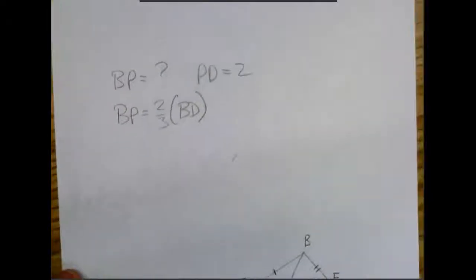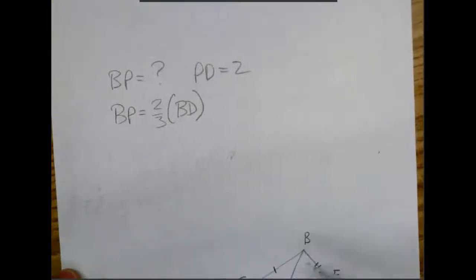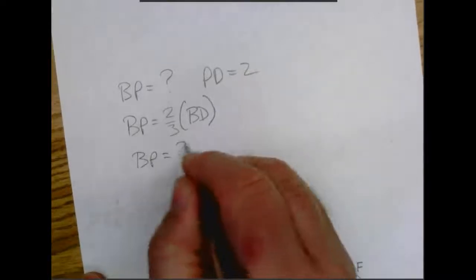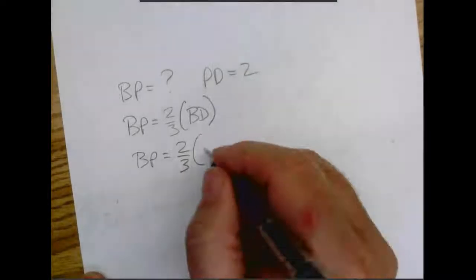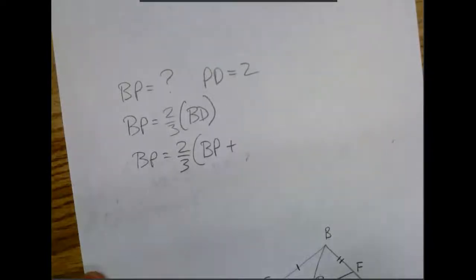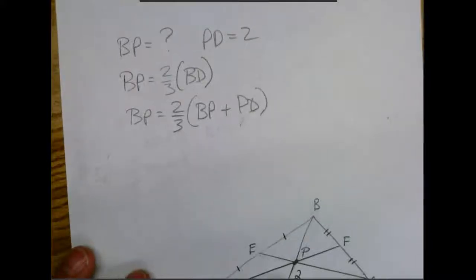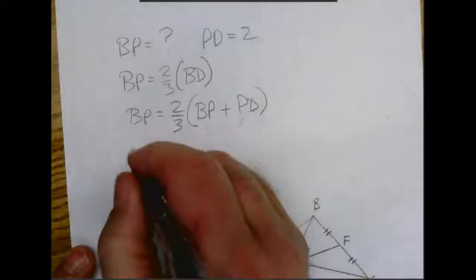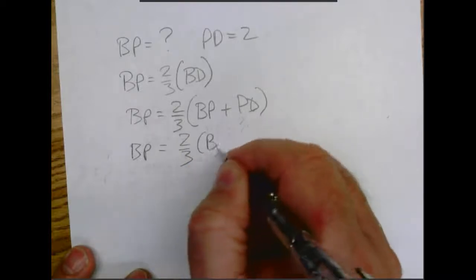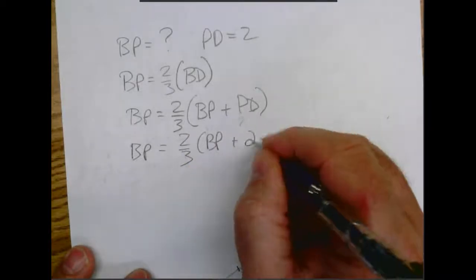So let's start doing some of that. We know BD is equal to these two segments, BP plus PD. So let's change that: BP equals 2/3 times that whole length. So BP equals 2/3 times BP, this first section, plus PD, okay, we got that. Keep going, we know PD is 2, so we'll substitute 2.